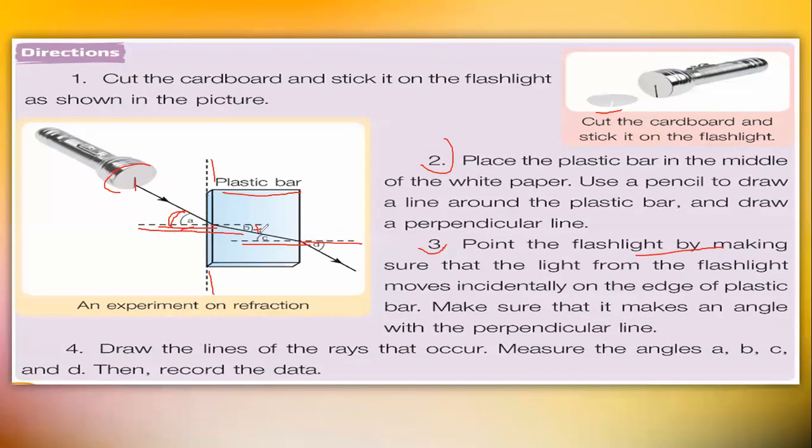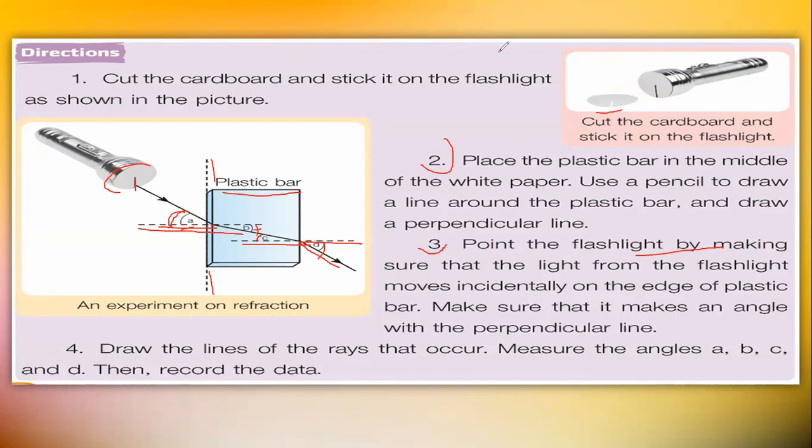The line right here, after the light goes inside the plastic bar, we give this angle B, right? And the third angle we are going to create here, that one is C. After the light actually goes out of the plastic bar, you can see here, we have the line right in the center. So this part we give D.